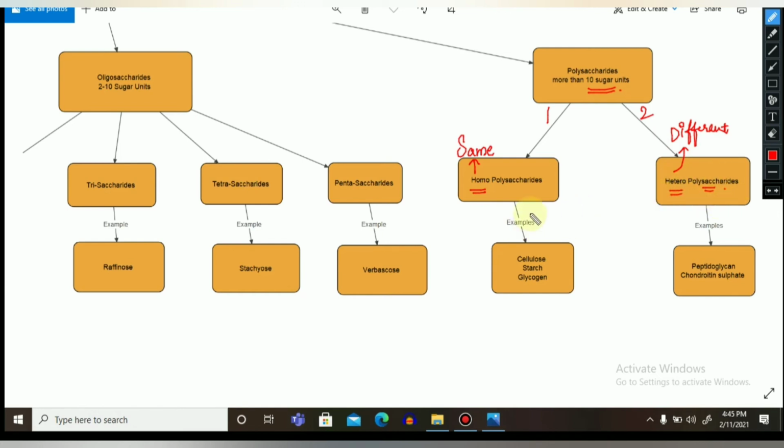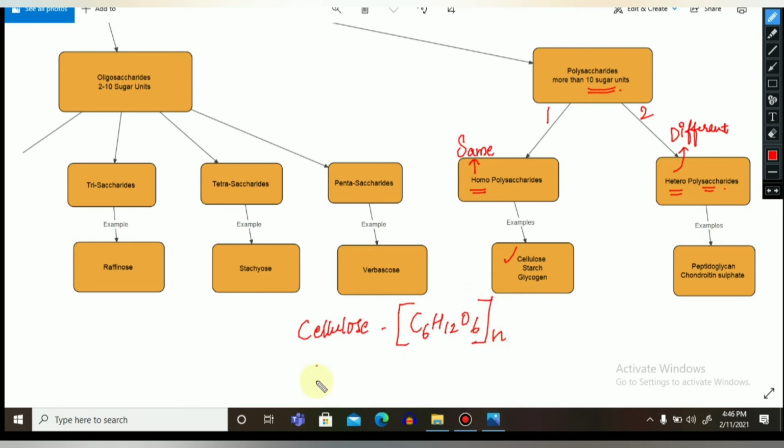Now let us take an example, cellulose, which is coming under homopolysaccharide. If you take cellulose, let me write down the general formula: C6H12O6. So this is glucose. We know this already, right? So this glucose is there in N number.